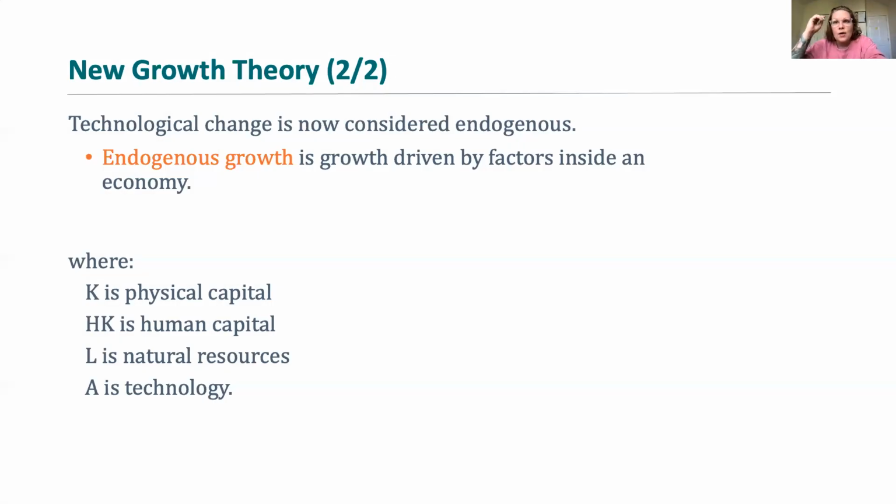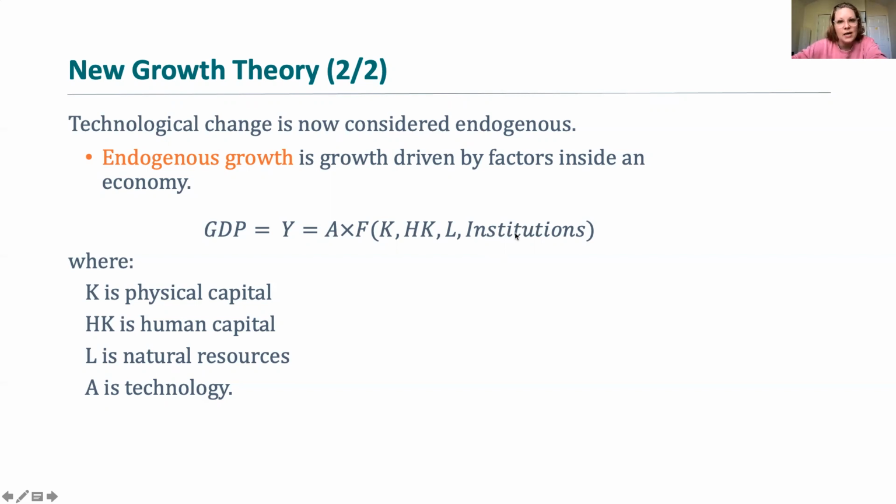So now we're thinking that that kind of technological advance is actually inherent in the model, right? It's endogenous. It's a factor inside of an existing economy because it's describing a relationship of the rules, the laws, the policies of how an economy works. So now we have this exogenous technological factor A that has a multiplier effect, but we also consider institutions inside of the economy, right?